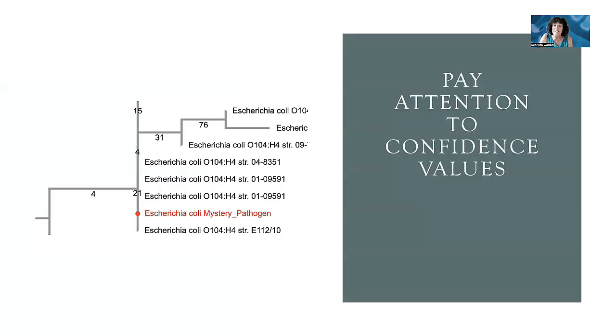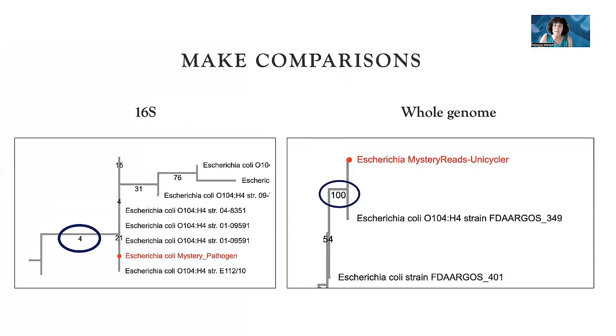Another thing you pay attention to is the confidence values. When you see a confidence value of 4, you're not very confident. So I want you to make comparisons, especially of the confidence values, of the bootstrap values, and who do you believe more, 4 based on 1 gene or 100 based on 500 genes.